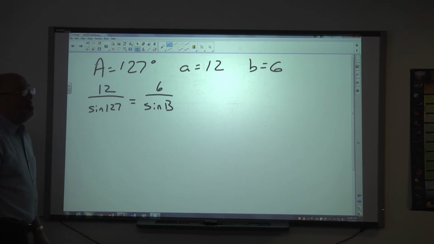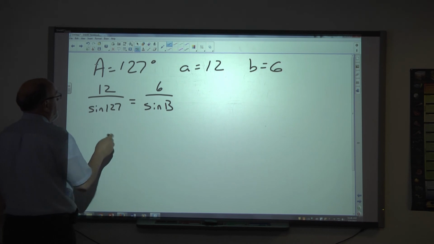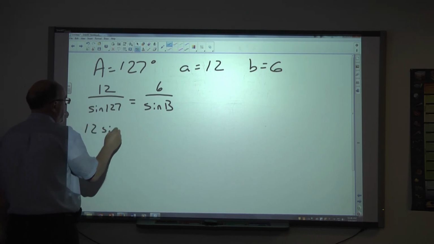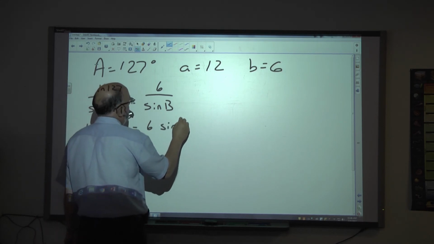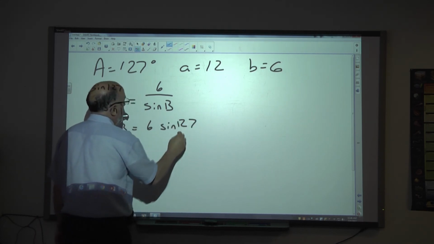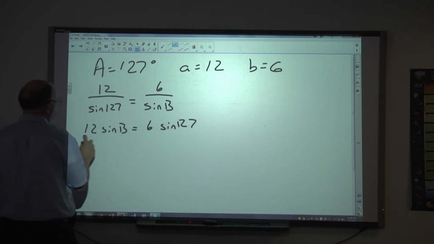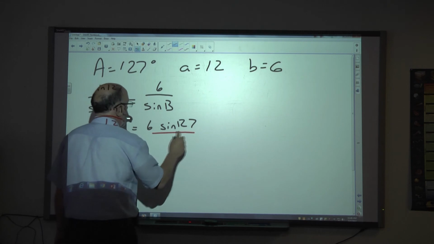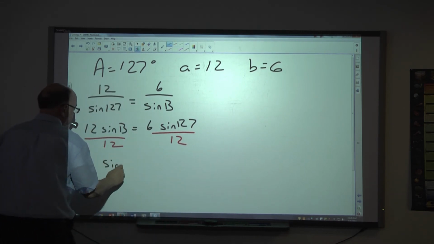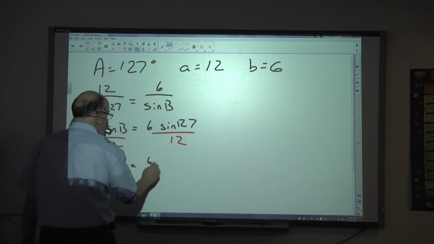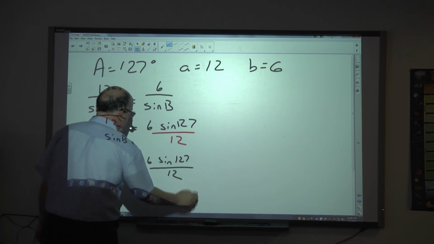First thing we're going to do is solve our proportion. So we're going to have 12 times the sine of B equals 6 times the sine of 127. We're going to divide by 12, and so sine B equals 6 sine 127 over 12.